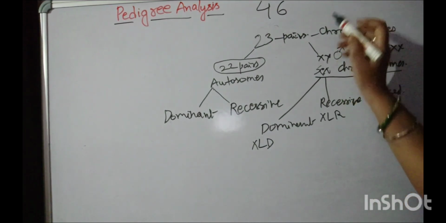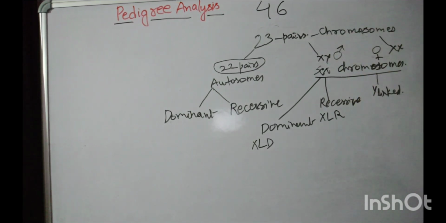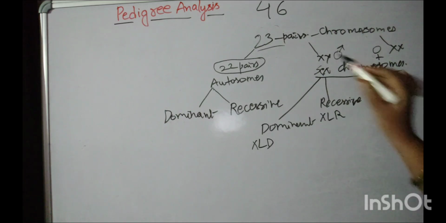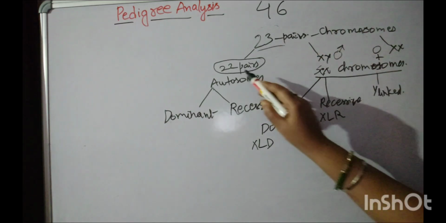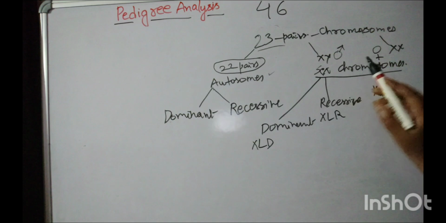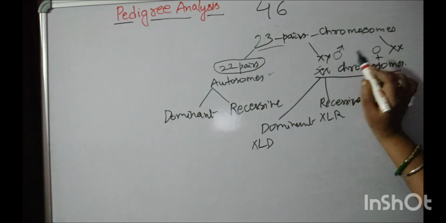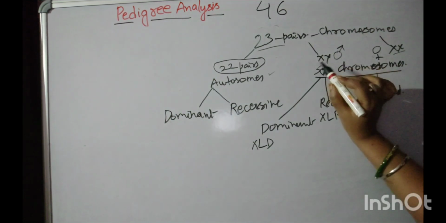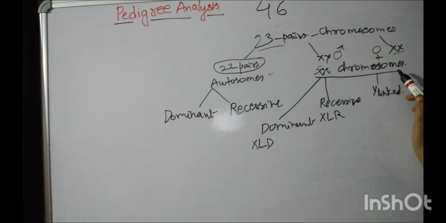So there are 46 chromosomes in humans. We know 23 pairs are present in all human beings, in which 22 pairs are autosomes, and where XX is female and XY is male, these are called sex chromosomes.